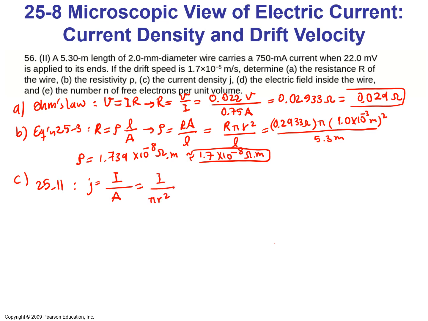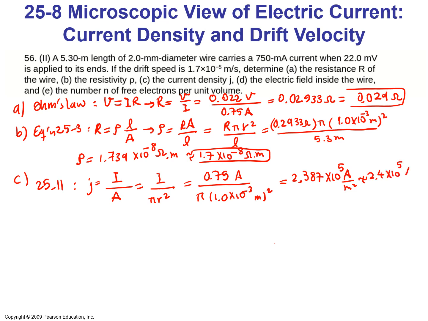If we plug in the numbers, we will have 0.75 ampere divided by pi times 1 times 10 to the power minus 3 meter squared. That gives us 2.387 times 10 to the power 5 ampere per meter squared, almost 2.4 times 10 to the power 5 ampere per meter squared.